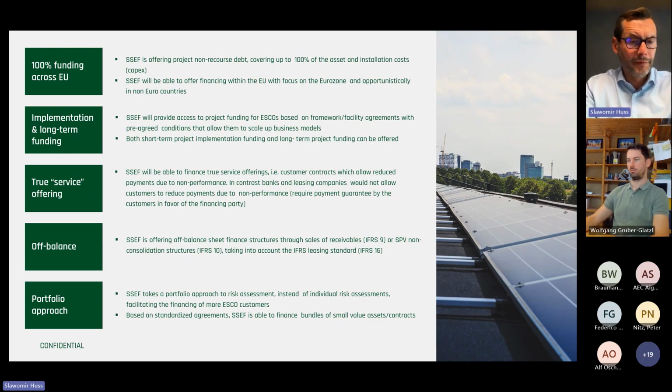So we've developed a certain approach in Solas that we are very confident in, and we know how to assess the portfolio. We know how to set the conditions for the future portfolio, which is equally important for ESCOs. With every technological partner, we develop a way of working so that we're also confident that the quality of the portfolio generated over time meets our investment criteria and the technological criteria.